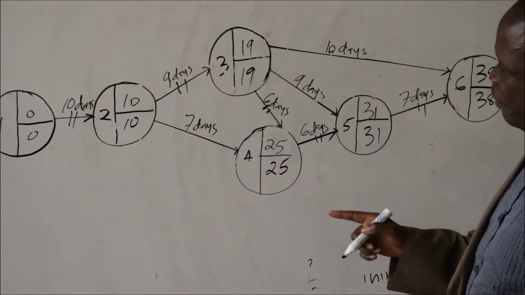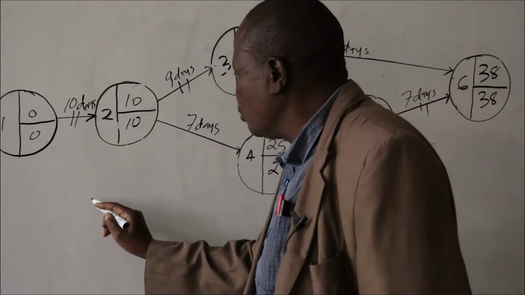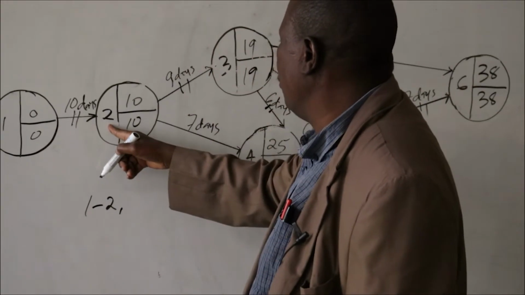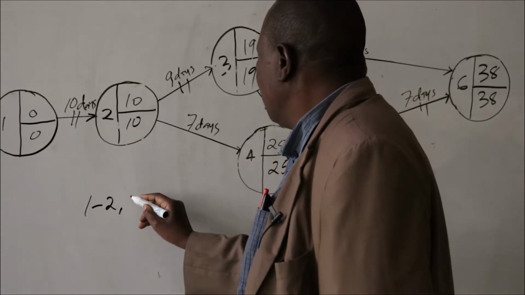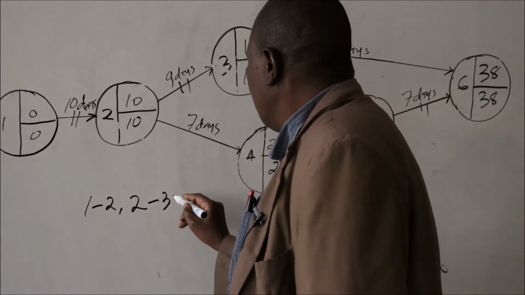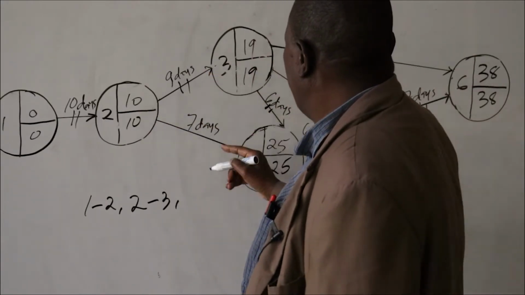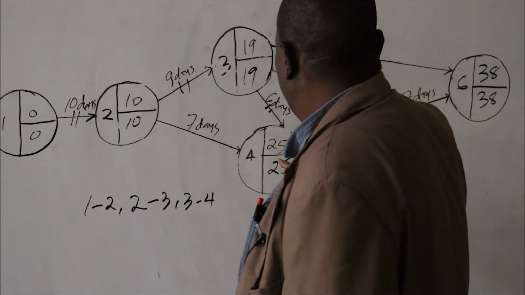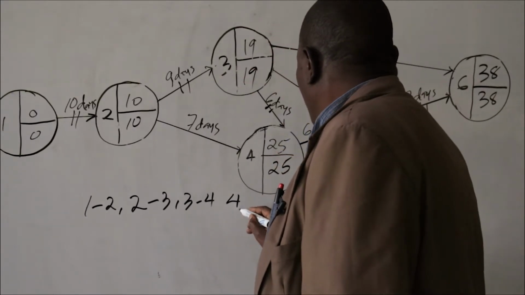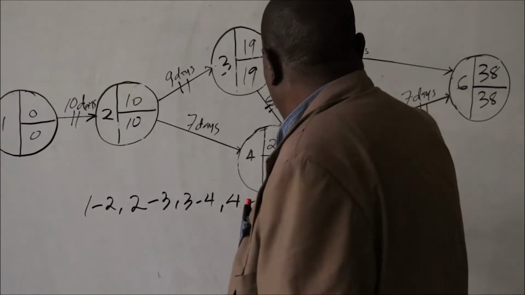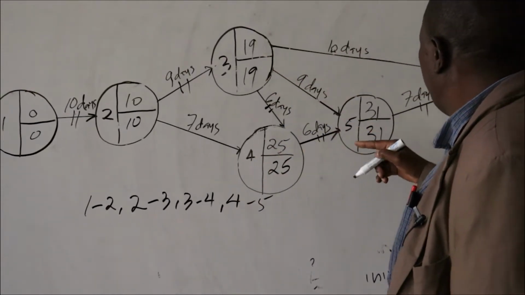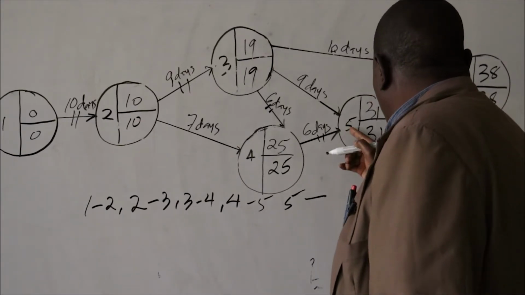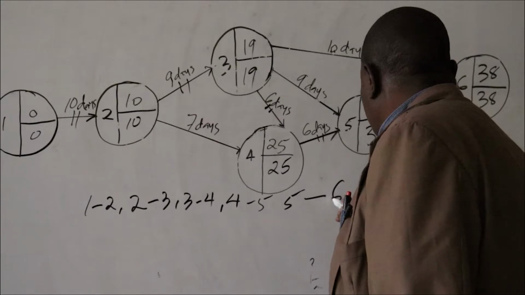So the critical path is activity 1 to 2, then 2 to 3, then 3 to 4, then 4 to 5, then 5 to 6.